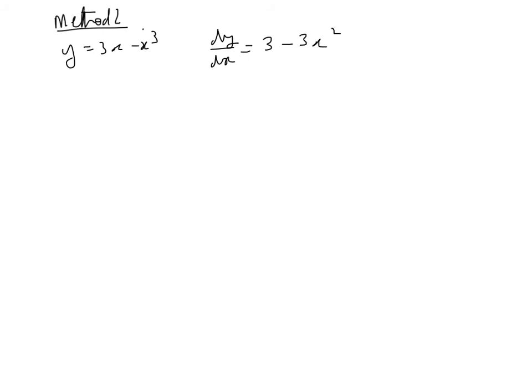If we were to differentiate this again, d squared y over dx squared will just give us minus 6x. Now the second method works like this. If d squared y over dx squared is greater than 0, then this means this particular point is going to be a minimum point.